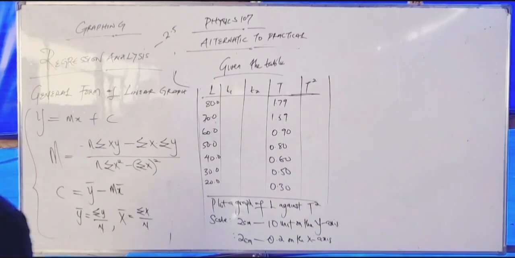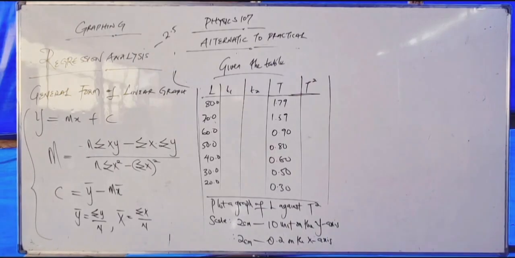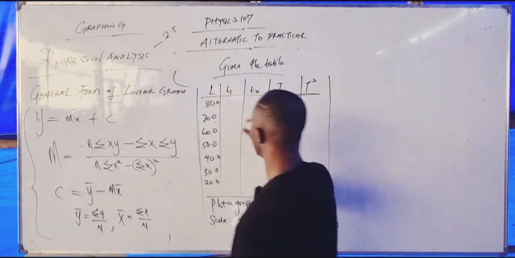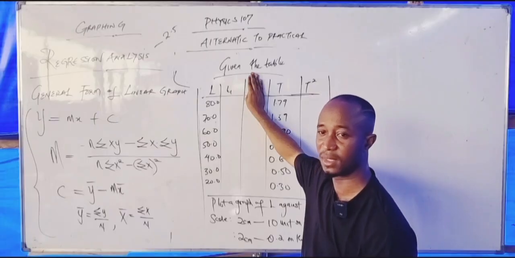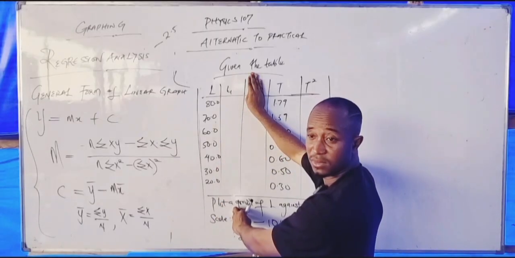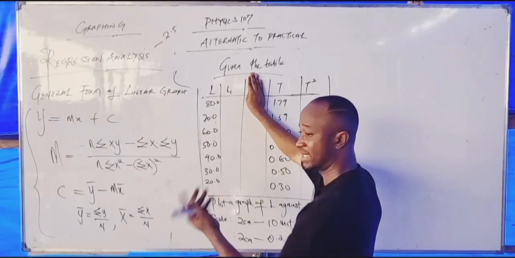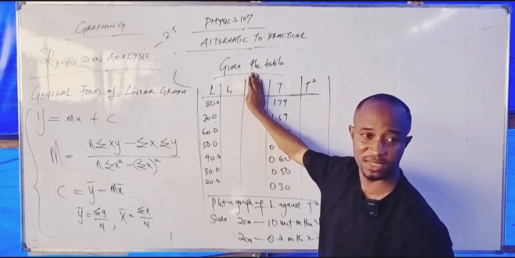This lecturer has a complete table. It's not possible. Hope you're aware you have to conduct the experiment, except we have only T1. I can complete the table. Well, I can manipulate it for us. Can I manipulate it? Okay.